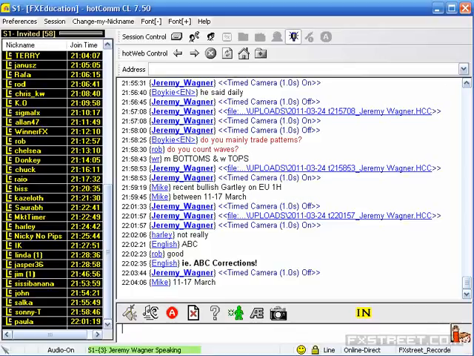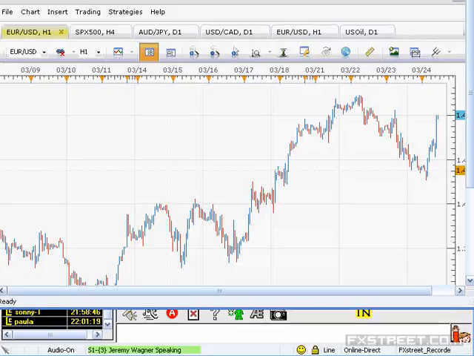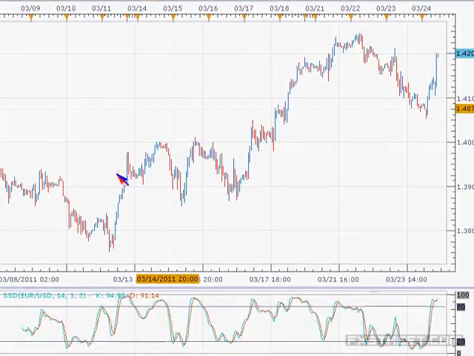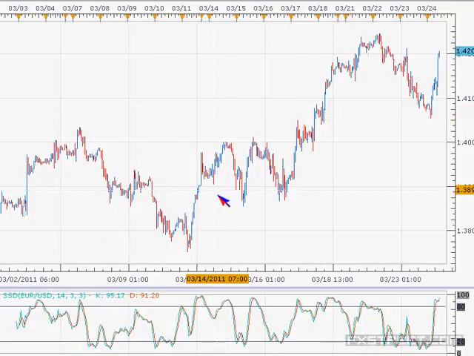Between March the 11th and March the 17th. Oh, you know what? That's a 1 minute time frame. No wonder it wasn't working. There we go. March the 11th through March the 17th. And this is the euro-dollar 1 hour chart.